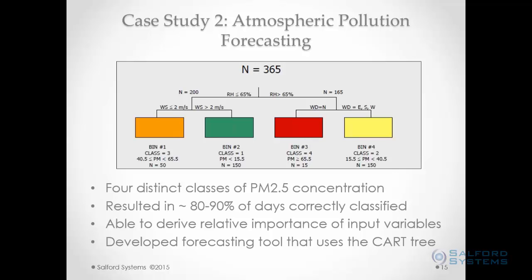The second case study we have for forecasting is atmospheric pollution forecasting. So this is another environmental application. A company called Systems Applications International were involved in a consulting project, and they were interested in a specific pollutant called PM 2.5. Now this is a particulate matter, and it has a diameter less than 2.5 micrometers, which is why it's given the name PM 2.5.